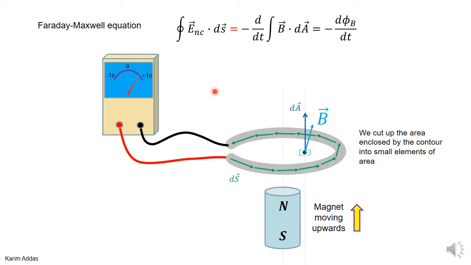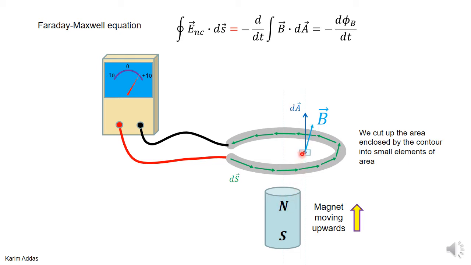So if we have now the situation where the magnet is moving upwards, let's see how we can show that this equation tells us how to get the direction of the current induced in the loop. To get the magnetic flux through this loop, you cut up your loop into many elements of area, and each element of area has a dA vector, and there's a magnetic field vector, the magnetic field due to the magnet.